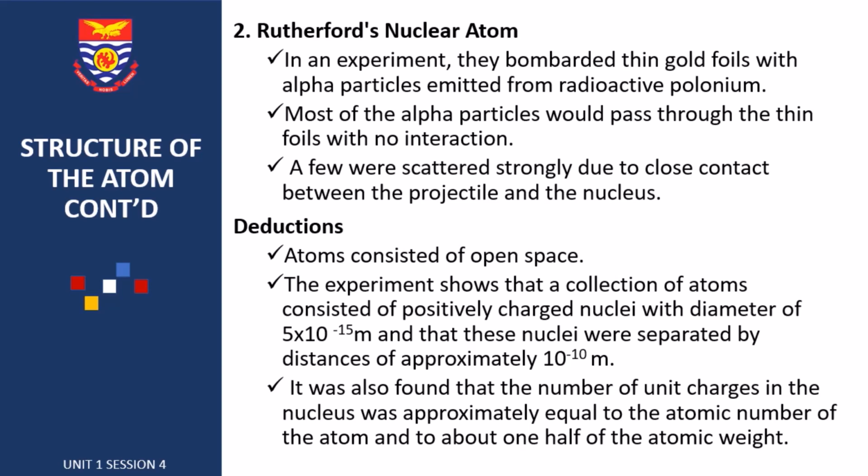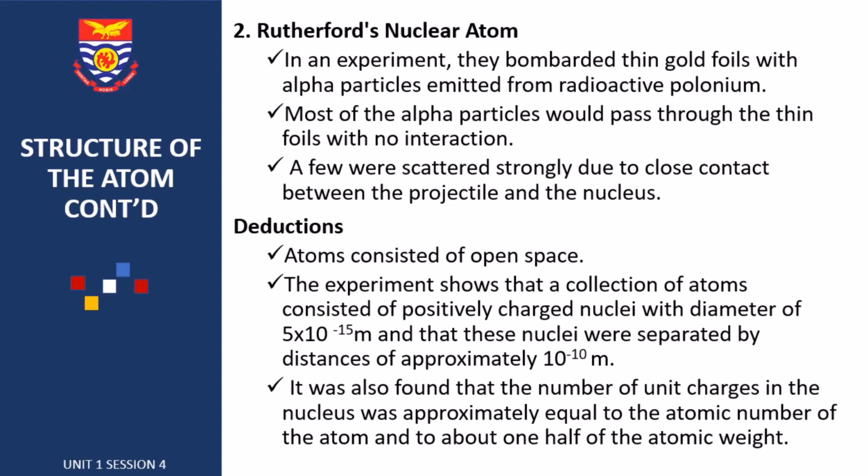In an experiment, they bombarded fast-moving alpha particles on a thin gold foil. He observed the deflection of the alpha particles with the help of a screen. Now, according to J.J. Thomson's atomic model, an atom consists of a positively charged sphere with electrons embedded in it.